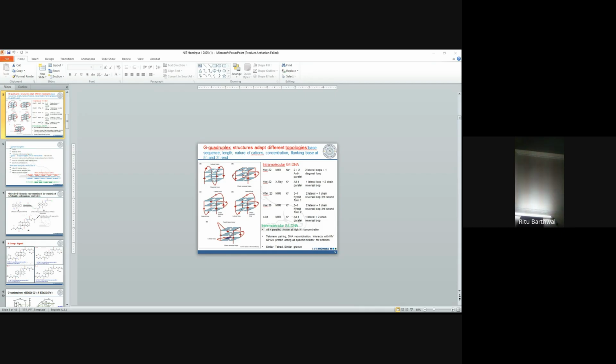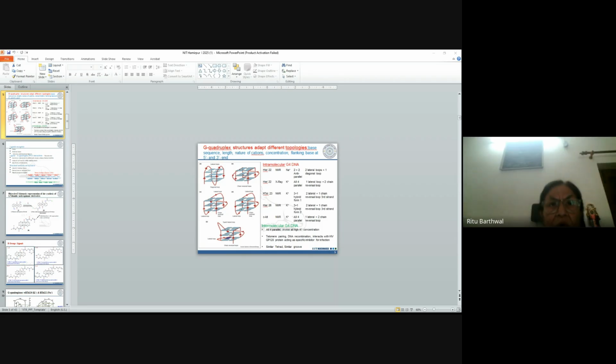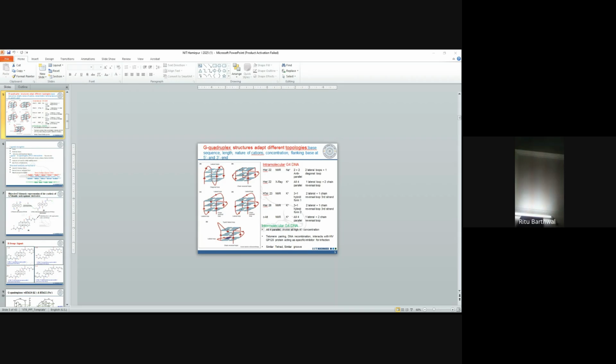Second is, of course, specificity for a particular kind of tumor. Something which binds to c-KIT may not bind well to c-MYC, or to human telomeric or bacterial DNA. So specificity should be there, so that you can develop a drug which is very specific for that virus or bacteria or human beings. To achieve this, we have to do structural analysis.